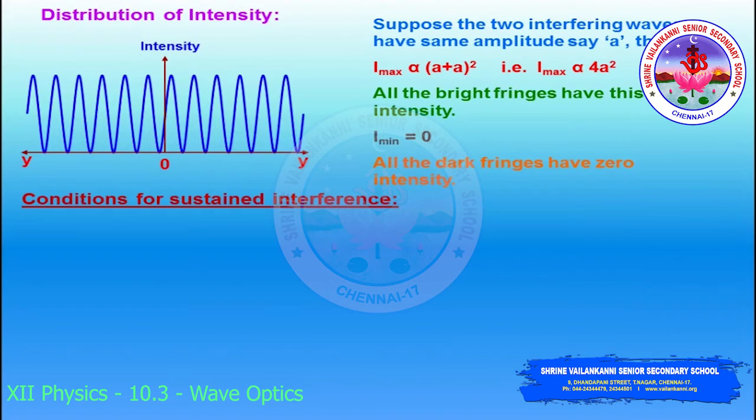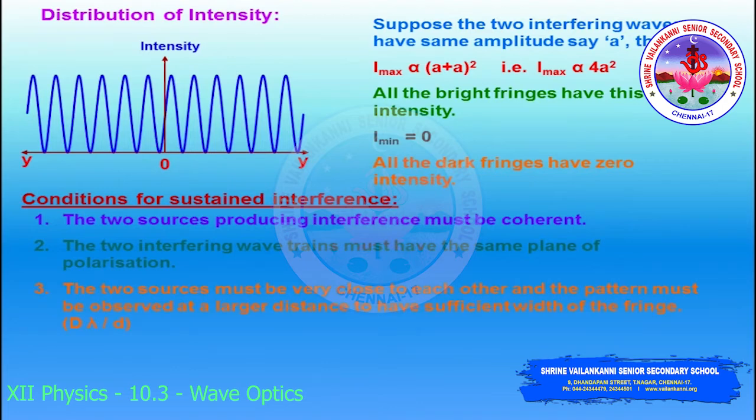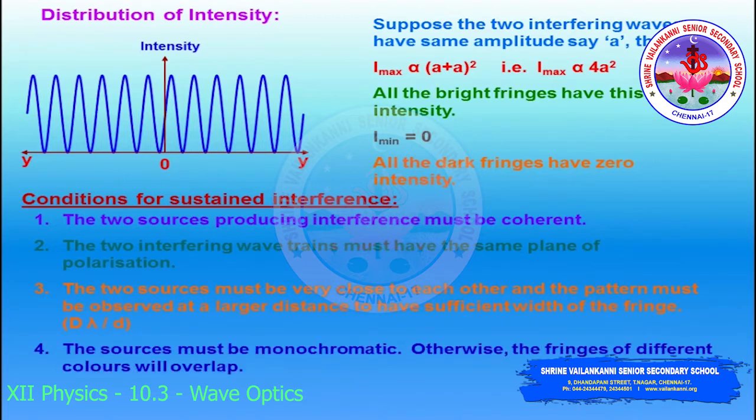Maxima and minima values we are getting, and now the condition for sustained interference. What is the condition for sustained interference? We have three different conditions. The interference must be coherent first, and the two interfering waves must be of the same plane polarization, and the two sources should be very close to each other, and the pattern must be observed at a large distance, at sufficient width for getting the fringes.